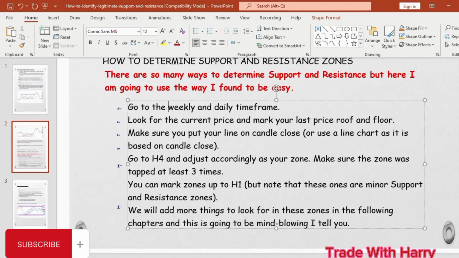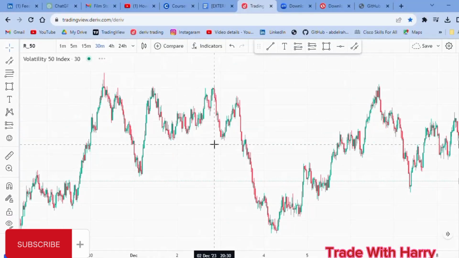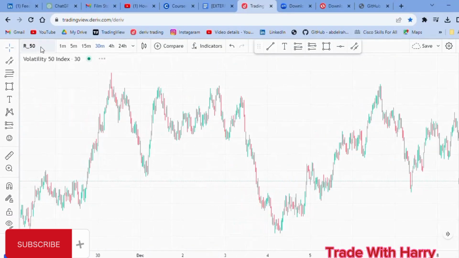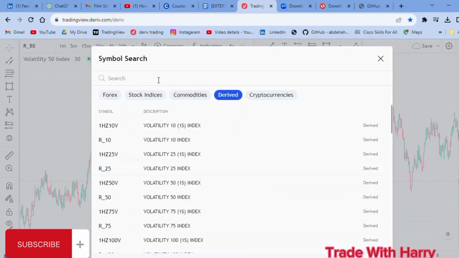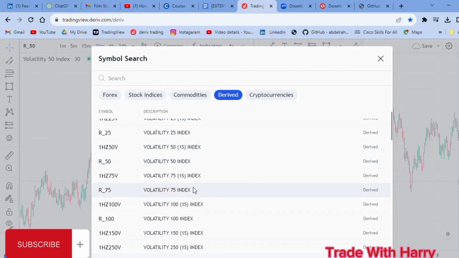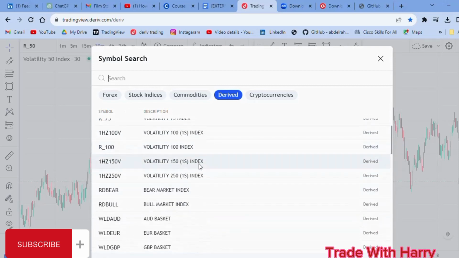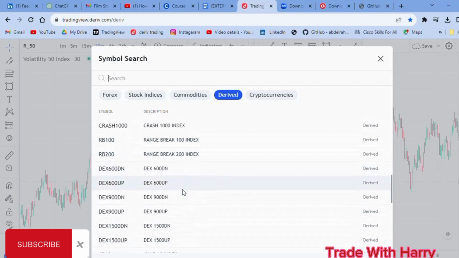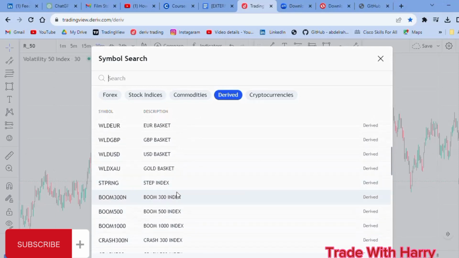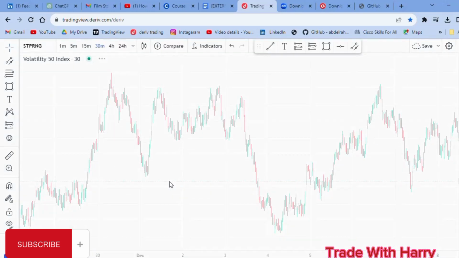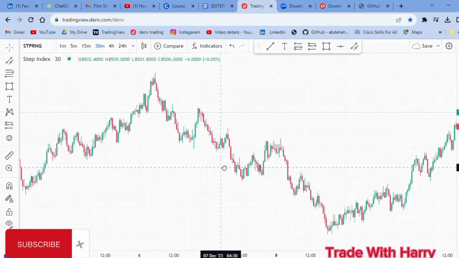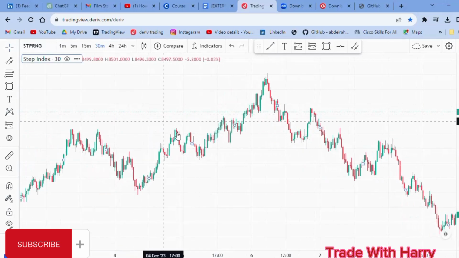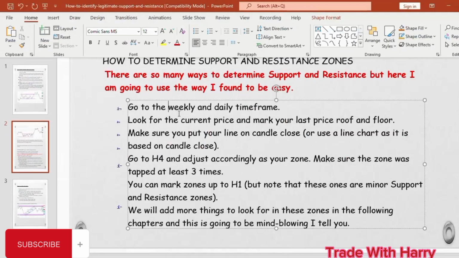I'll go to my browser. This is where you can trade. You can come here and select any product. Let me choose the one step index. This is telling us to go to the weekly and daily time frame.